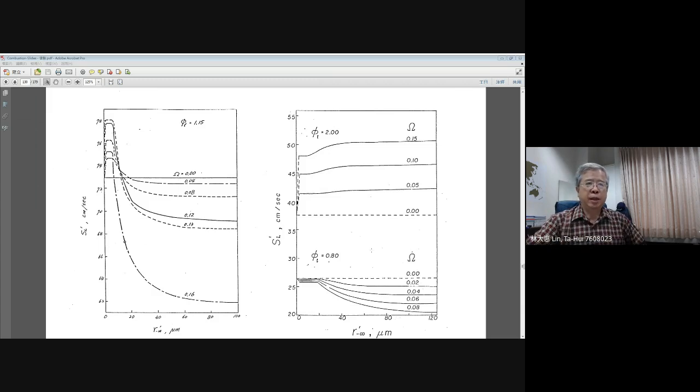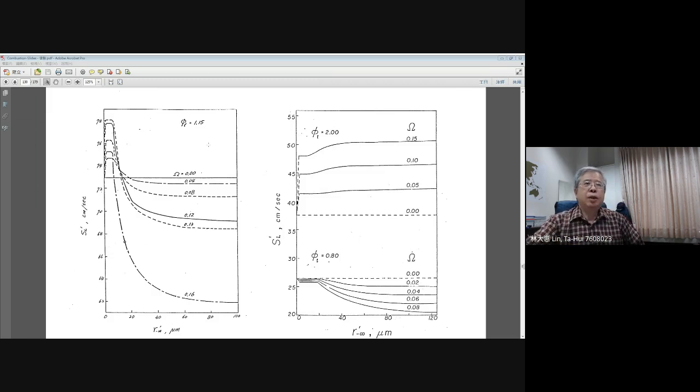Then the lean condition is described by phi_t equal to 0.8. And phi_t equal to 2 represents the rich condition. And 1.15 for equivalence ratio represents a condition very close to the stoichiometric ratio, and this one will give you some surprising results.